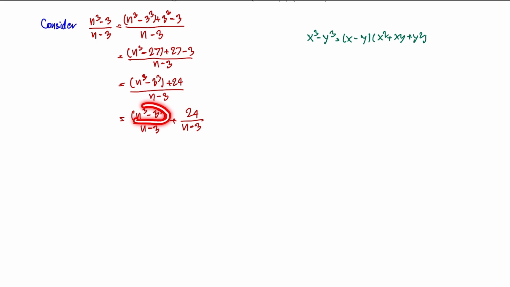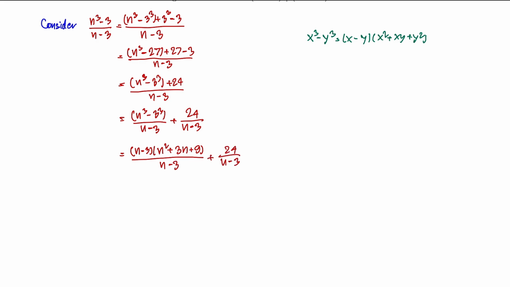So what happens to this term? This term turns out to be n minus 3 times the first term squared, so n squared, plus the first term times the last term, so 3n, plus the last term squared, which is 9, over n minus 3, plus 24 over n minus 3.